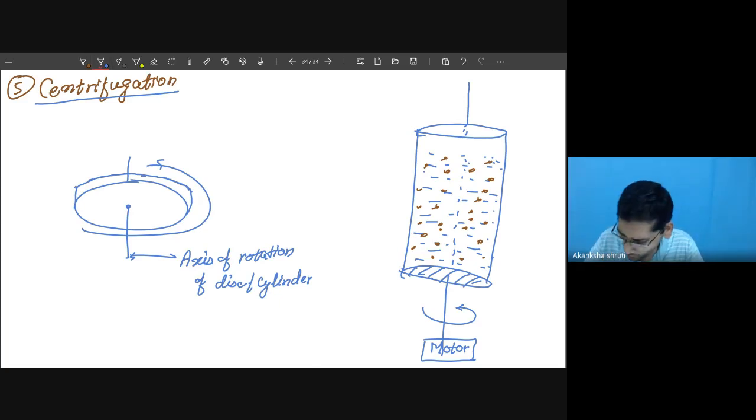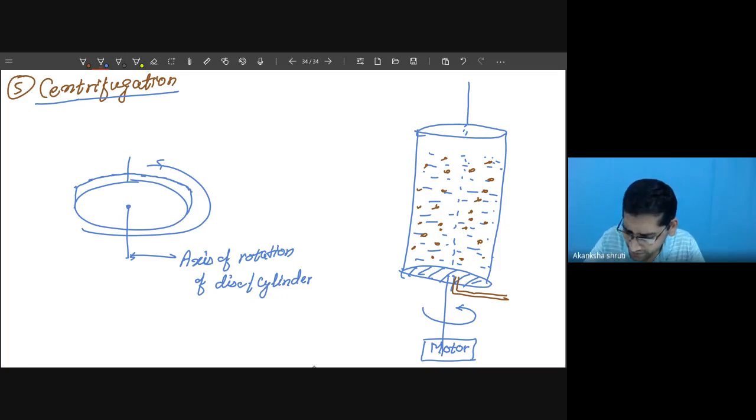So a small hole is maintained at the bottom, just near to the axis, to drain the heavy particle which is going to settle down.